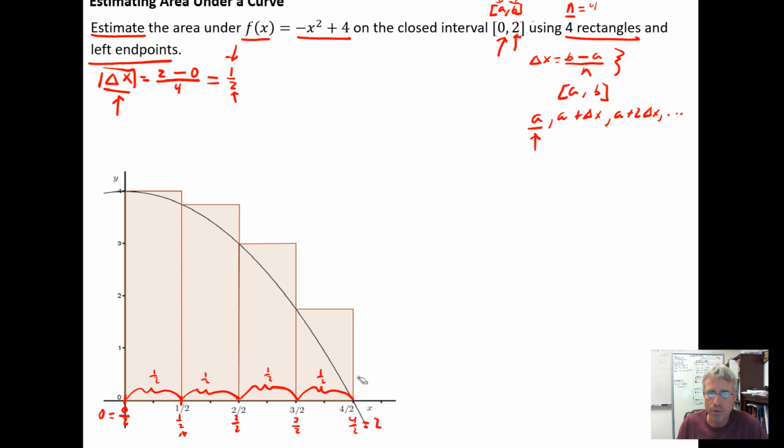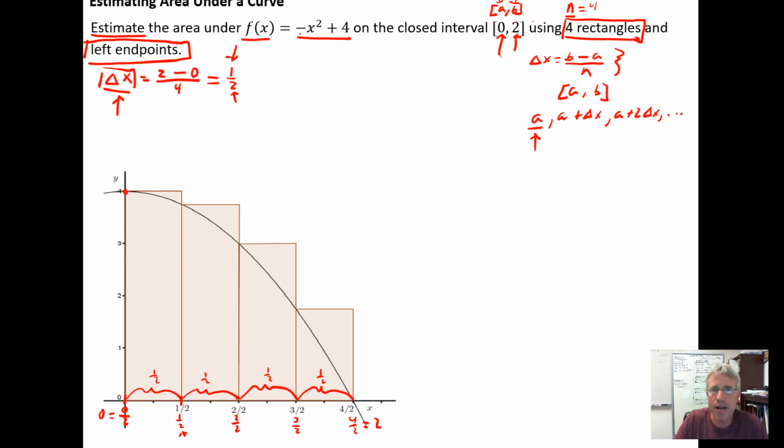And then you're ready for step 3, which is to actually create your 4 rectangles. And in this case, it says use left endpoints. So all a left endpoint means is start at the first number on your closed interval and put the upper left corner of the first rectangle on the curve or the graph.